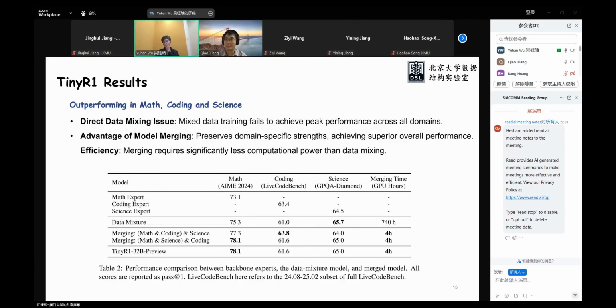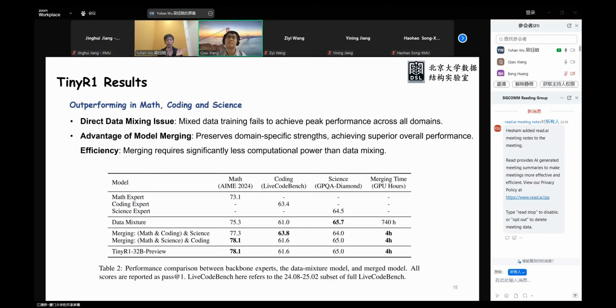I think maybe I can answer from 2 aspects. First, in the industry, for a good final model, you need to solve the problems in many domains, not just 3.